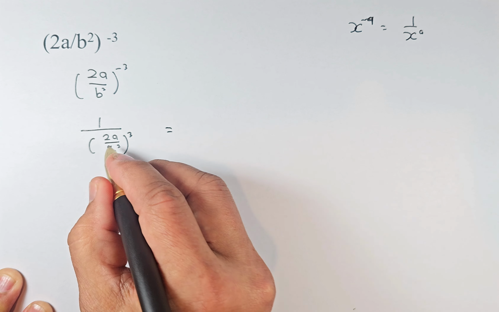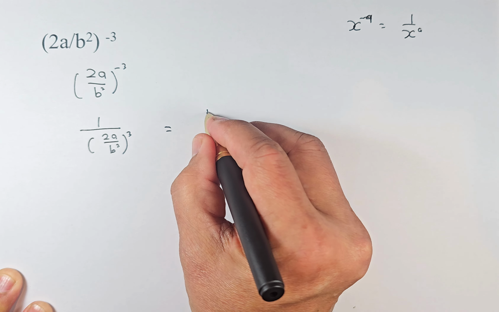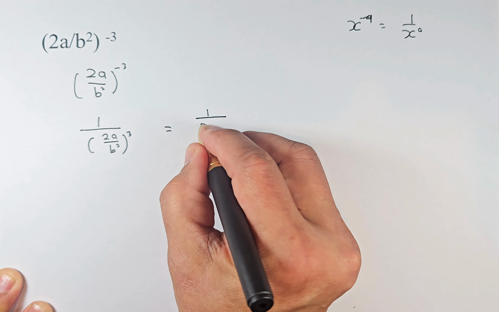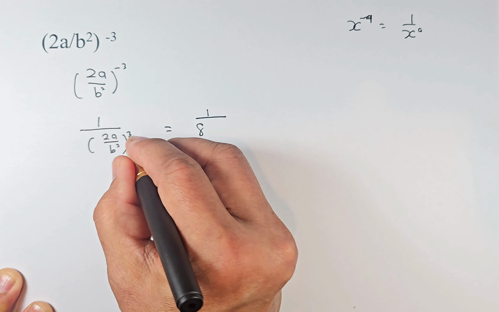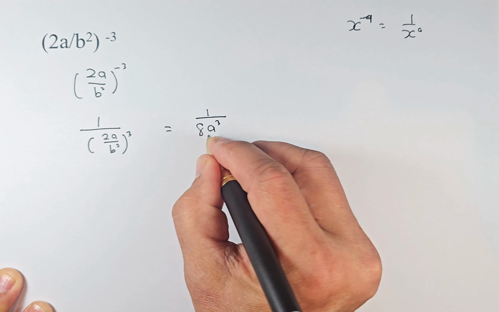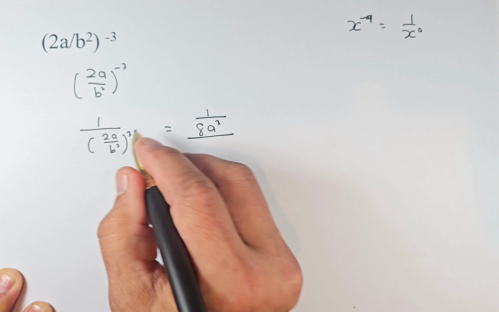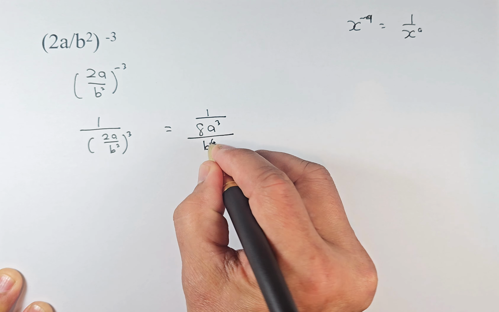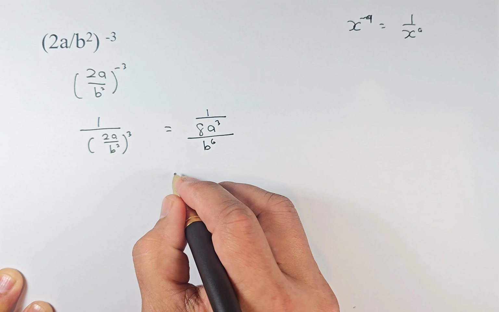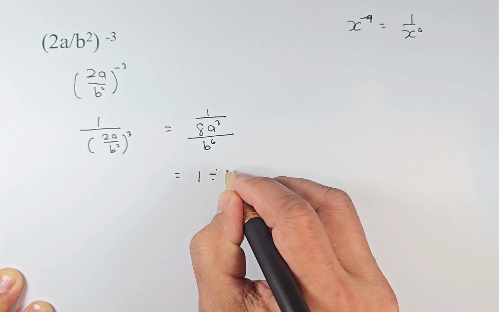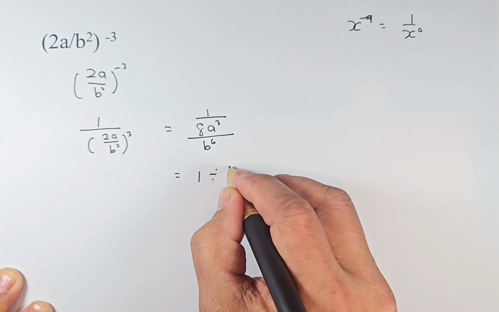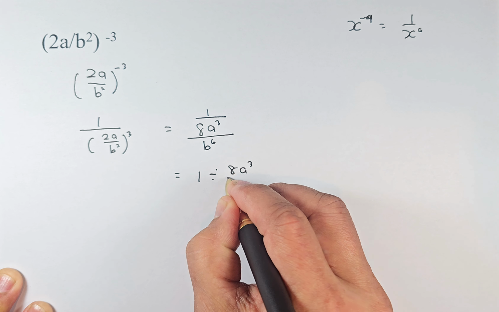So now we have 1 over, 2 cubed is 8, a to the power 1 times 3 is going to be a cubed. And at the denominator, b squared to the power of 3 is going to be b to the power of 6. Once you have this simplest form, you get 1 divided by 8a cubed over b^6.